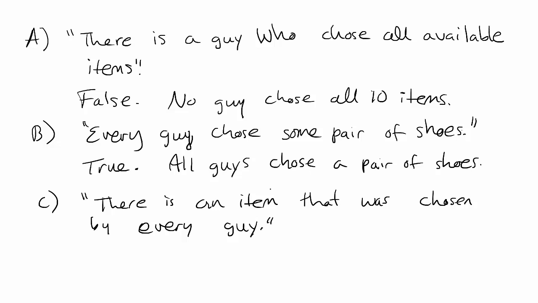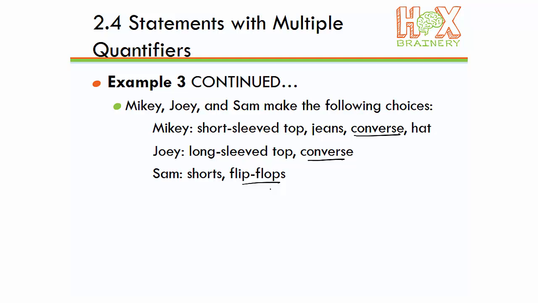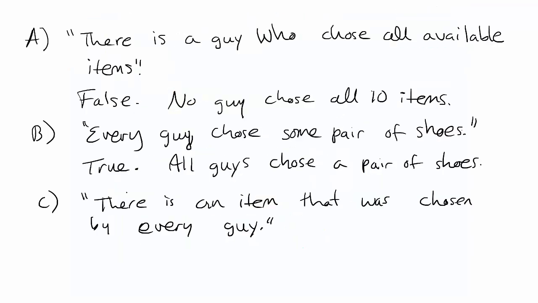Do it like that. And then, is this true? So is there one particular item that each of these three guys selected? And it doesn't look like it. The closest we come to is probably the Converse. Two of the three picked it. But this statement then is false.